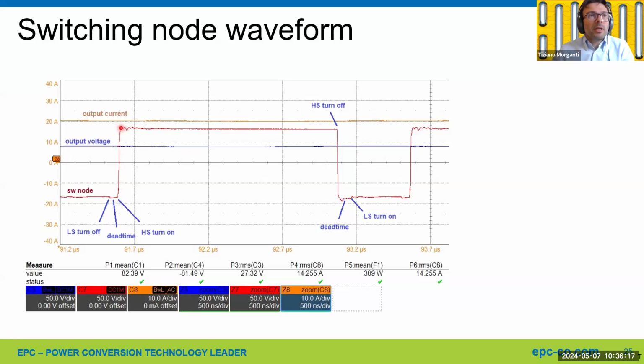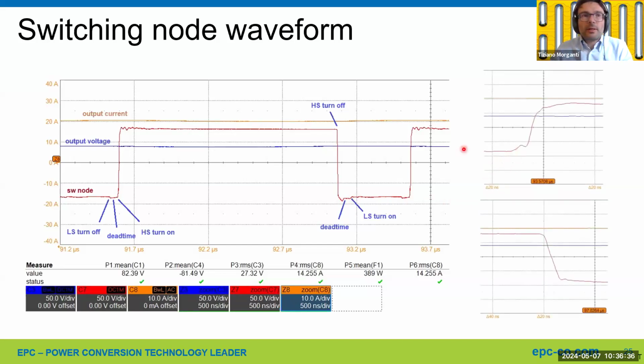So you can see very little overshoot. It's a very clean waveform. Then you have high side turn off, freewheeling with a very clean waveform also, dead time, and then low side turn on. If we zoom in on the edges, you can see the hard switching waveform here.